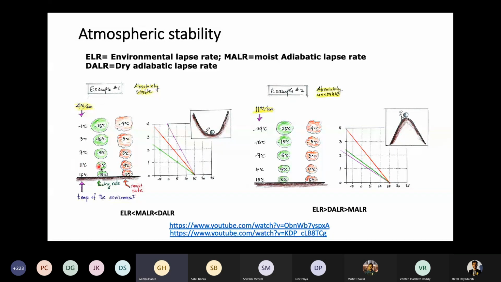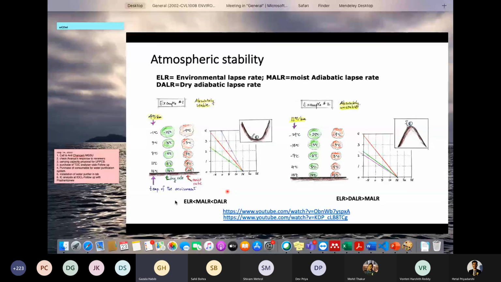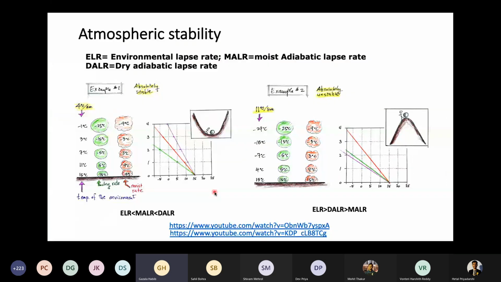So this air parcel will be heavier and it will not move up, it will actually sink. Is that clear? Yes, ma'am.